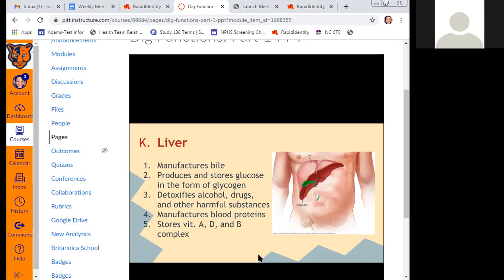Okay. The liver is also responsible for detoxifying our body. So the liver is responsible for how we process and metabolize drugs, alcohol, and any other harmful substances. Okay. So let's say you drink a bottle of wine. None of you should be drinking a bottle of wine, but let's say you do. Or let's say an adult of legal drinking age drinks a bottle of wine.